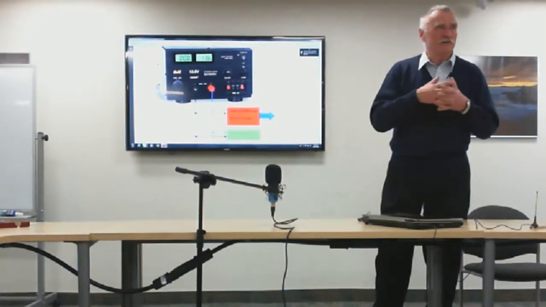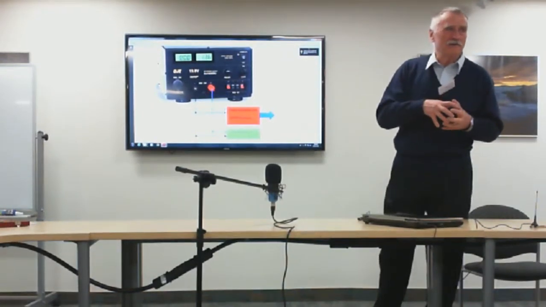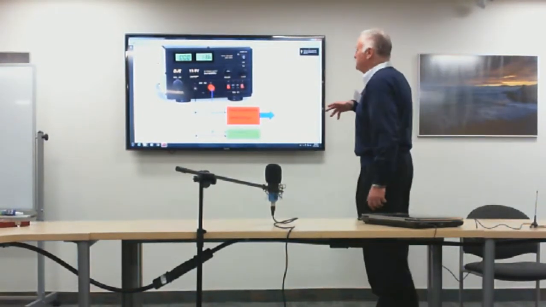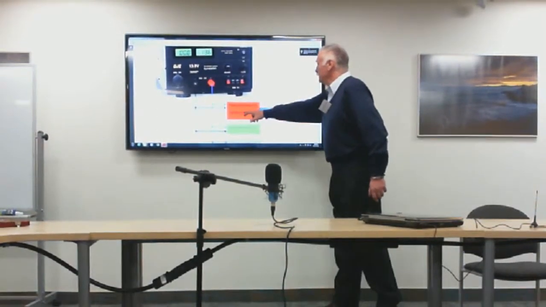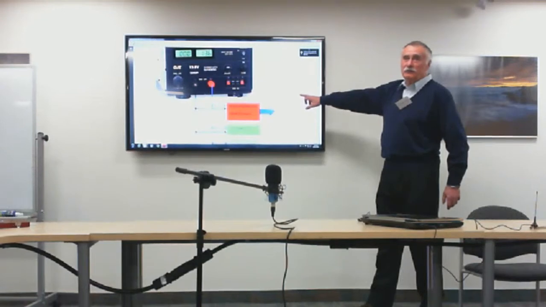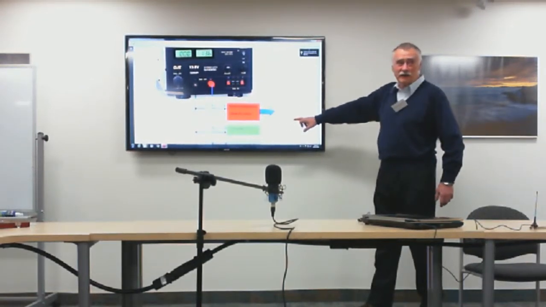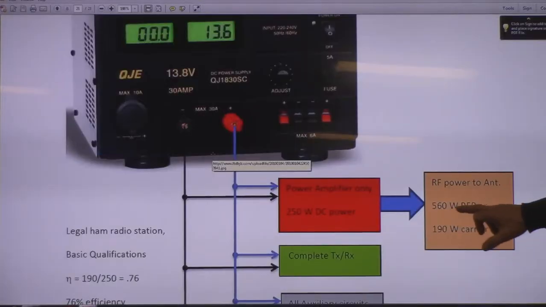Some power goes to auxiliary circuits, some power goes to the receiver. That share of the power does not matter. Just as much as 250 watts can go to the power amplifier. And that power amplifier can output 190 watts carrier or 560 watts peak envelope power.